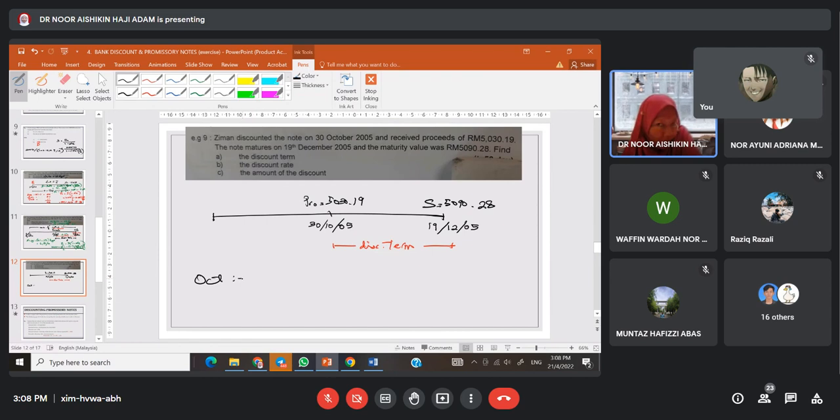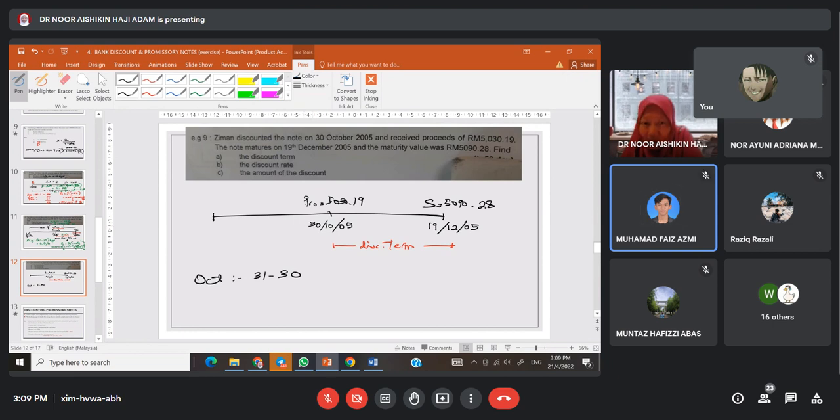Total 50 kan? Kenapa 50? Daripada 30 hari bulan tu sampai 19 kan? Ya, tapi you kena tunjuk month by month kan? So Oktober berapa hari? 1 hari. Kenapa 1 hari? 31 tolak 30, sebab dia mula dengan 30th of October.